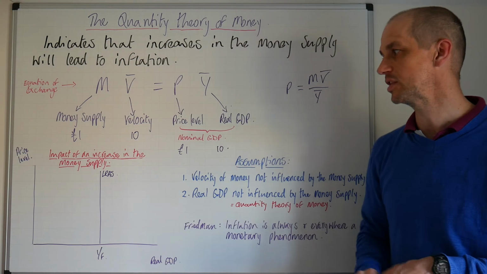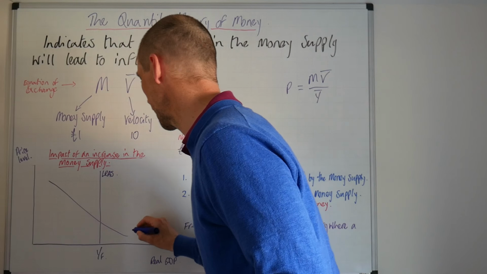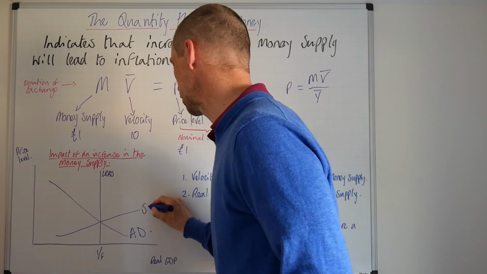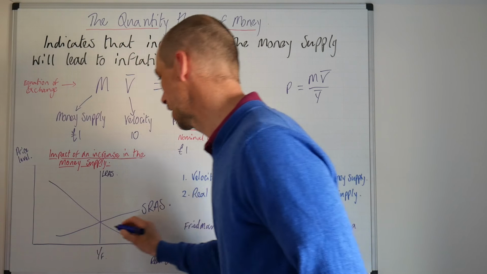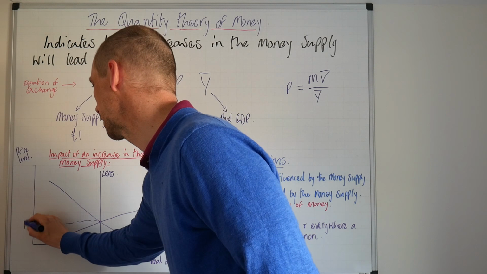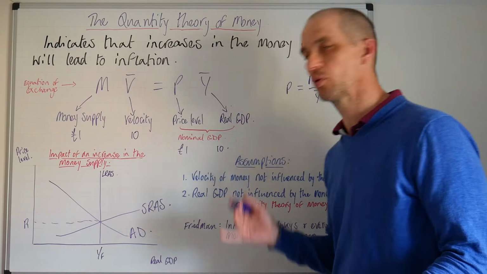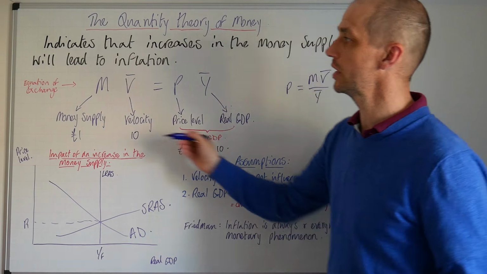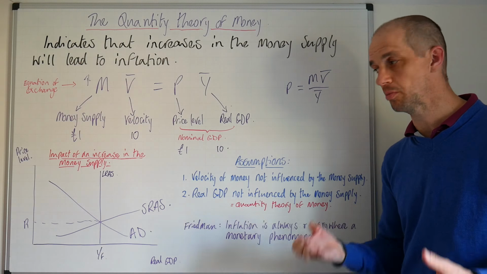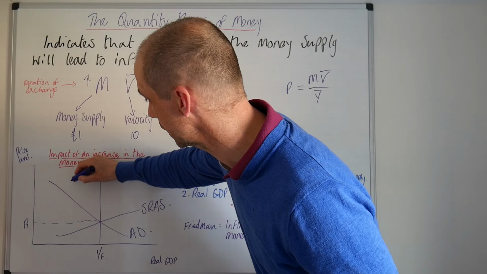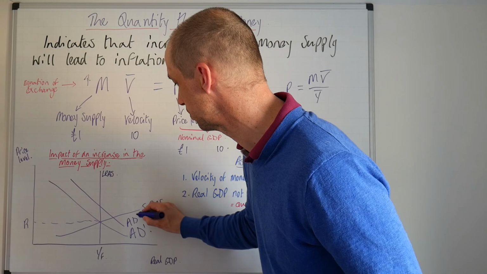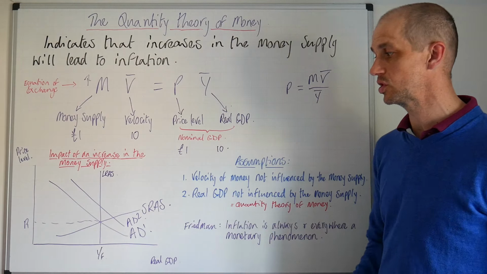But let's just apply it to what we see in this long-run aggregate supply model. Let's add in our aggregate demand and a short-run aggregate supply curve and consider what would happen if the money supply is actually increased. So we've got P1. If the money supply increases, then people's demand for holding money is also likely to increase, and firms are likely to respond by producing more goods and services.